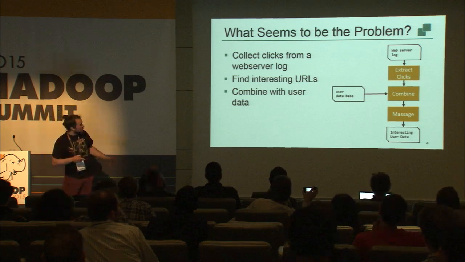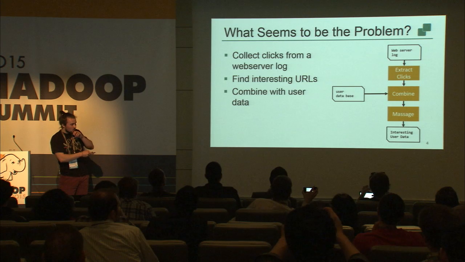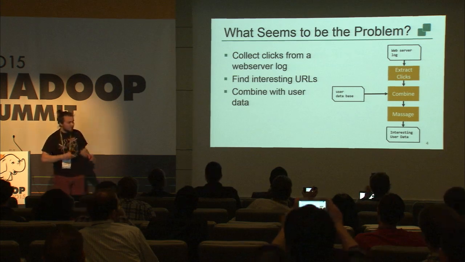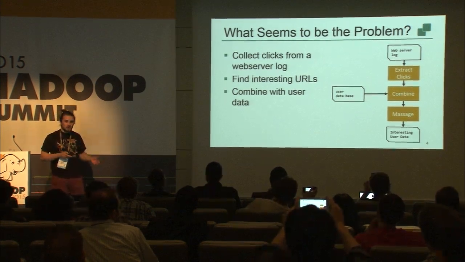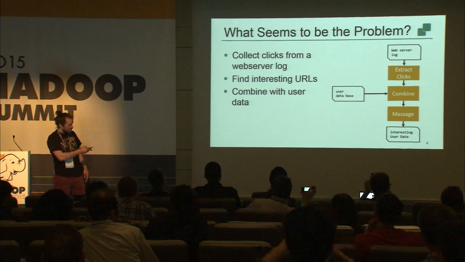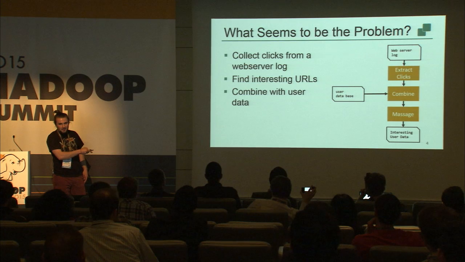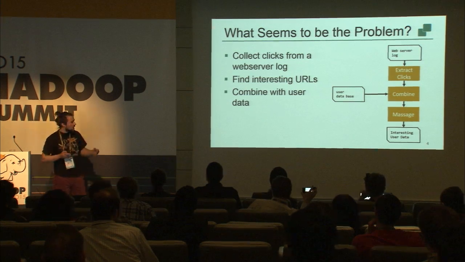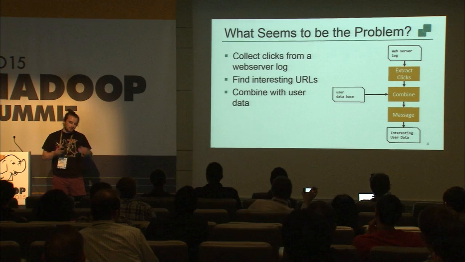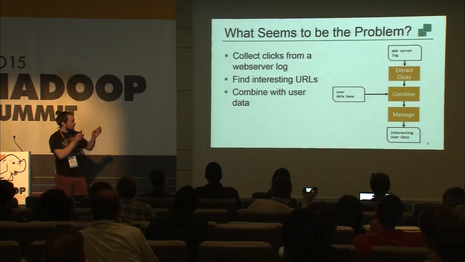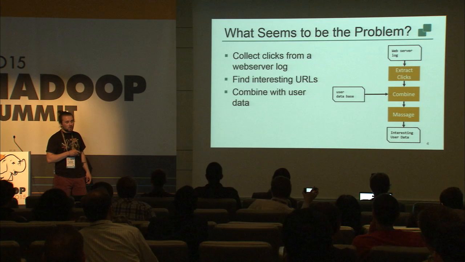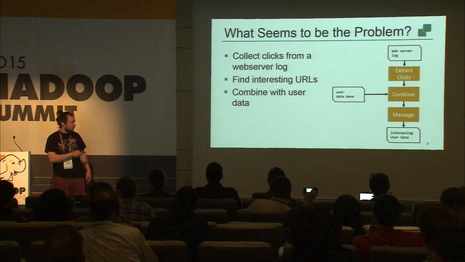And this you then want to combine with some user data you have about your users in a database or some other storage. So those two you want to combine. And then I say here massage the data, so you want to bring it in shape or bring out the interesting content in this data. This is a term for more complex operations, so we'll have a look at how this looks.